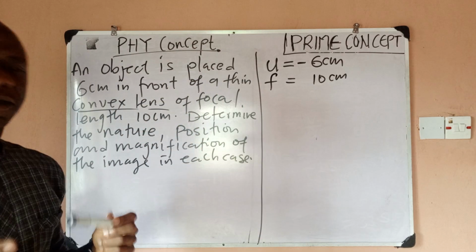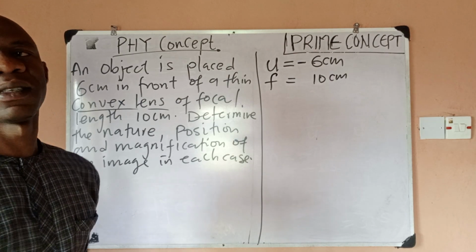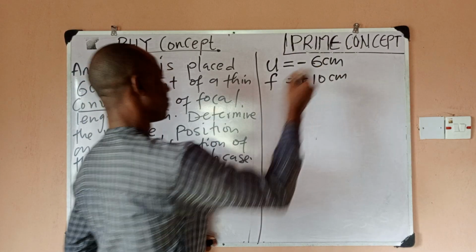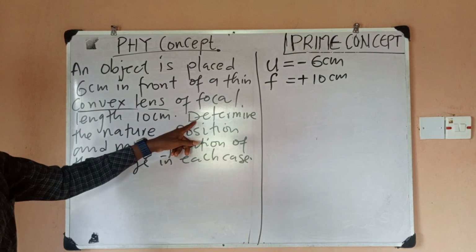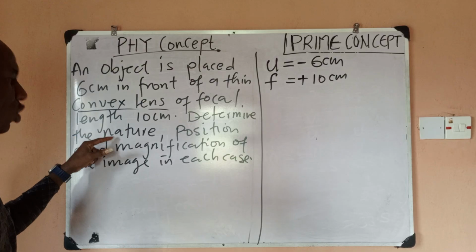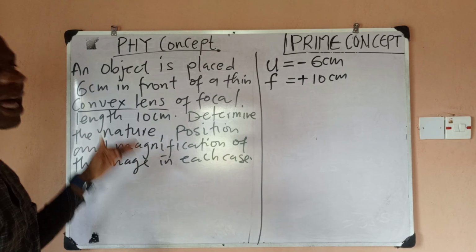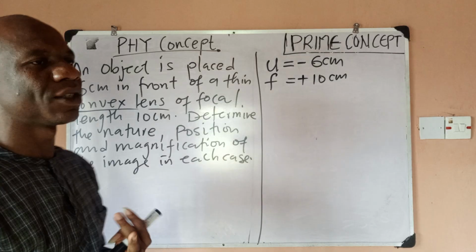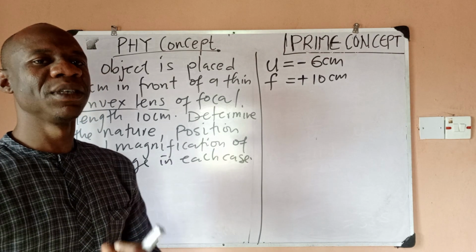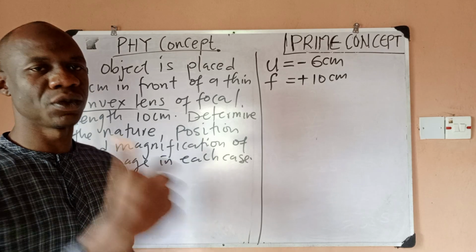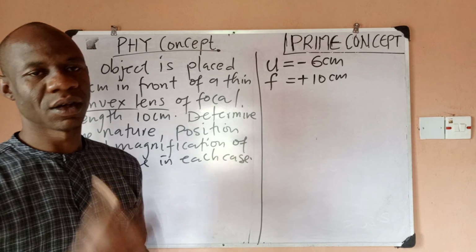Now for our convex lens, what do we know about the focal length? The focal length is always positive. Now, the question says determine the nature, position, and magnification of the image. When they ask for nature, they're simply trying to find out whether the image will be real and inverted, or virtual and erect.